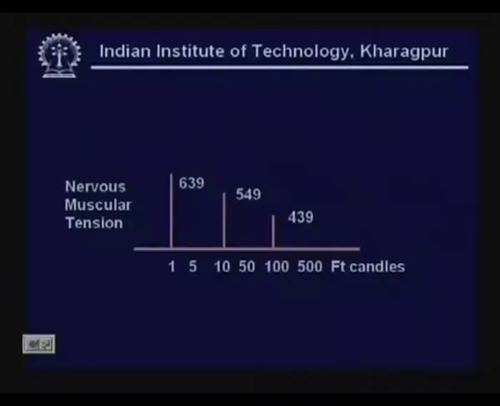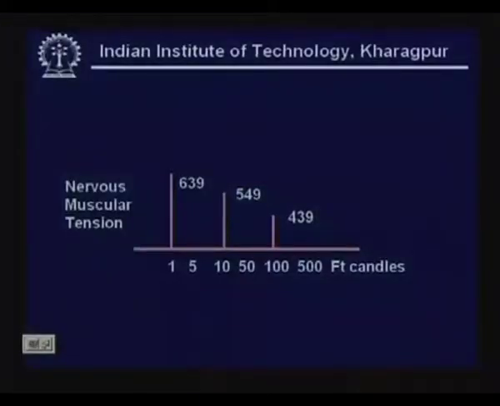So, in some arbitrary unit, if I find that the muscular tension corresponding to 1 foot candle is 639, I find that by increasing the illumination to 10 foot candles, that is by 1 order or 1 decade, it comes down from 639 to 549, a reduction of about 100 in about 600, that is 1/6. 1/6 would approximately mean a 16% reduction.